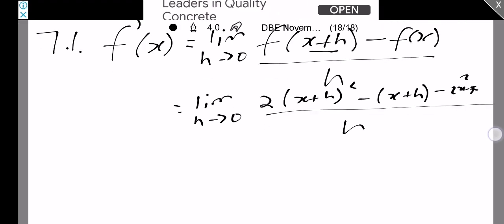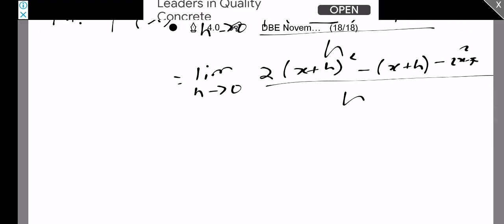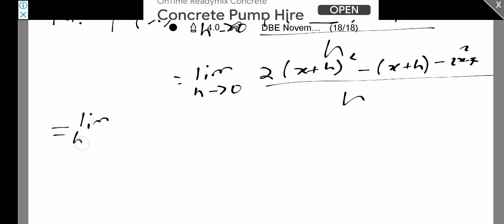I'm going to move this a little bit to the left, so it's going to be equal to the limit when h approaches 0. So we're going to remove the brackets there.